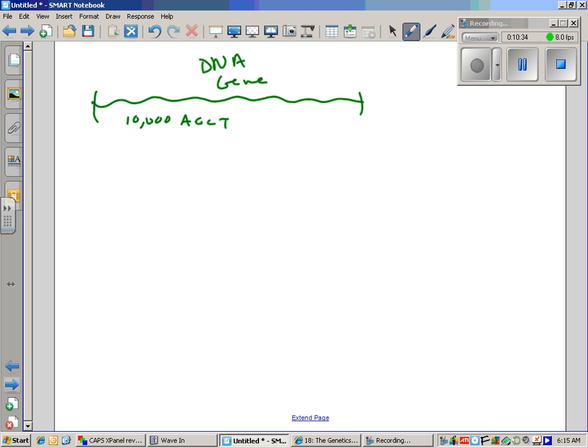So when a messenger RNA is made that codes for that gene, the meaningless parts have to be removed. Okay, this is called processing. The meaningless parts are cut out.